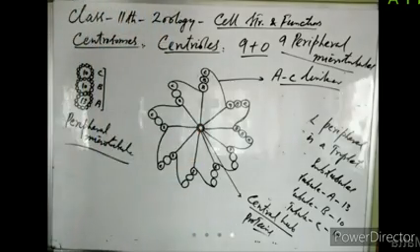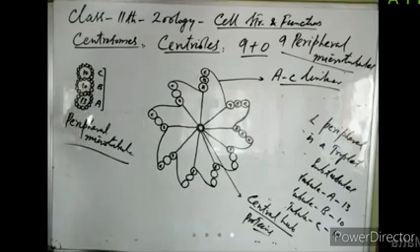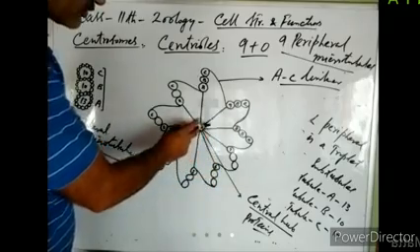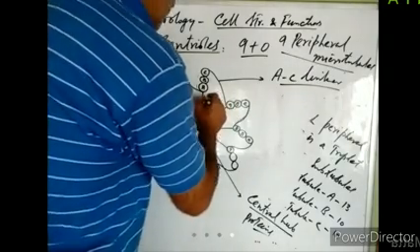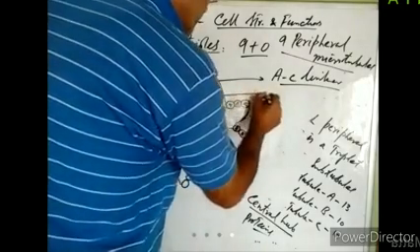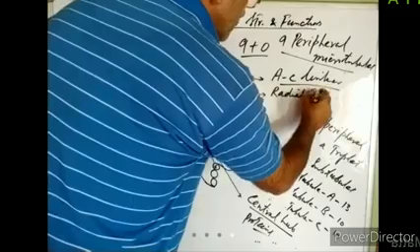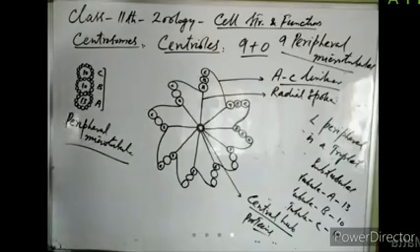How many radial spokes will be there? There will be 9 radial spokes, right? Each peripheral microtubule is joined to the central hub by a dense material thickening known as a radial spoke. It is formed of protein. It is a protein strand.